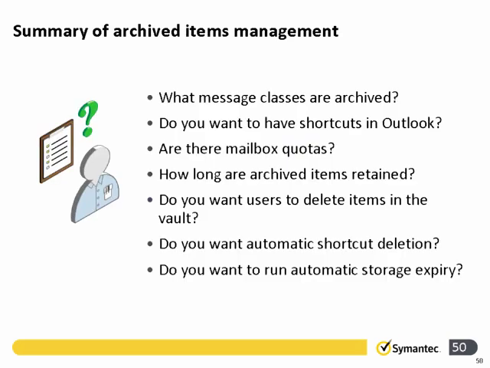Now, the next thing we're looking at here is some questions that you probably should have asked yourself up front, when you're setting up the mailbox archiving, starting way back in Lesson 5. What message classes did you need to have archived? Do you need or want shortcuts in your Outlook environment? Are there any mailbox quotas which may map themselves into archive quotas? How long do you want to retain these particular items? Do you want the users to have the ability to delete and recover items, or have the administrator recover them?